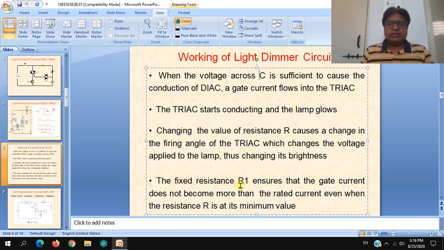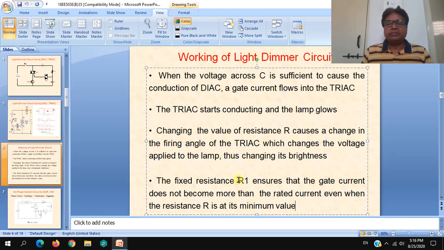The fixed resistance R1 ensures that the gate current does not become more than the rated current even when the resistance R is at its minimum value. That is, even if R is 0, this R1 should be such that the triac can be fired instantly at 0 itself.